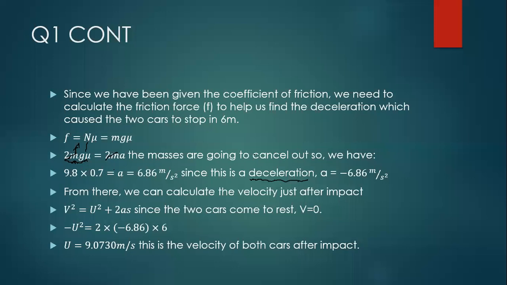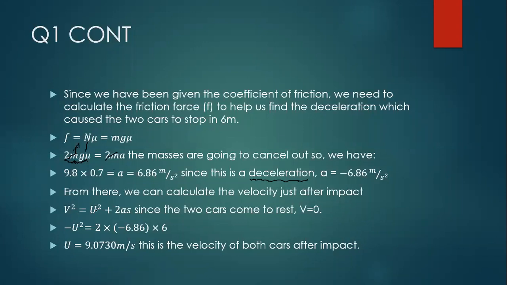So yeah, that's what we are saying, that using this deceleration, we can find the velocity just after impact. We know that after impact, the two cars skidded for 6 meters, so we have the distance covered, 6 meters, deceleration, negative 8.6, and we know that the final velocity was 0.